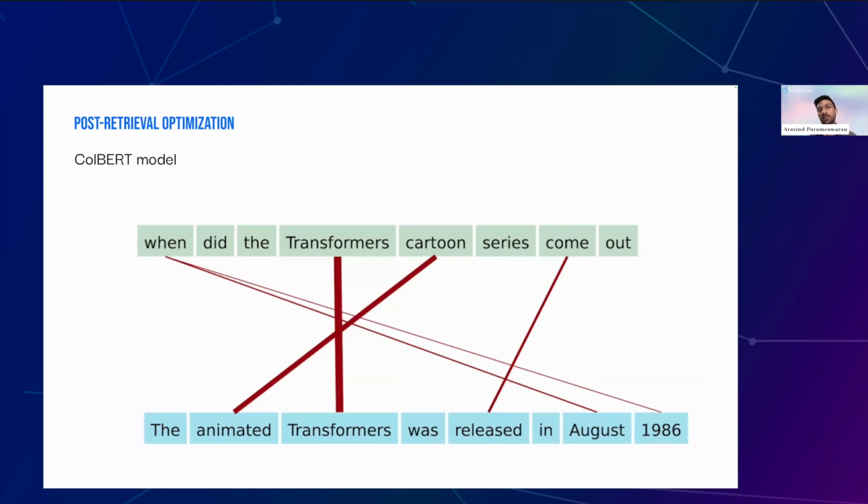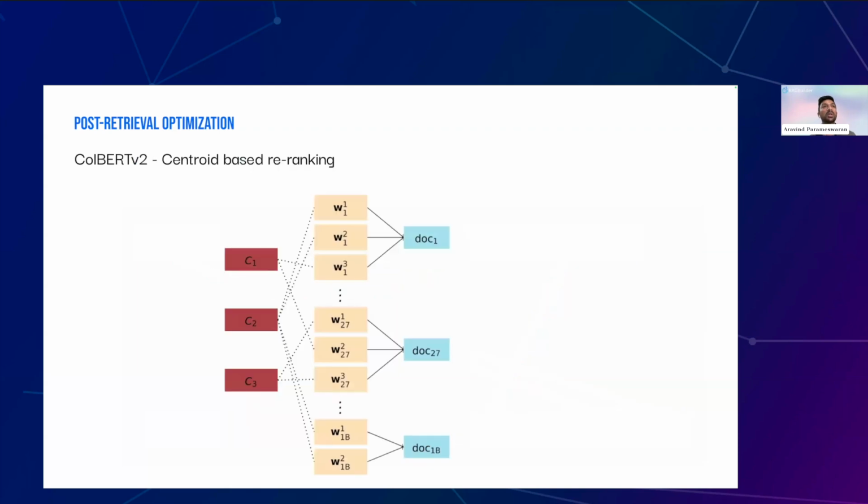Now the flip side of this is that it takes a lot of search space, right? Because you're storing it at a token level. Storage can be really a big challenge. And so that's where Colbert V2 came into play. Colbert V2 uses a centroid-based approach where you essentially store centroids.